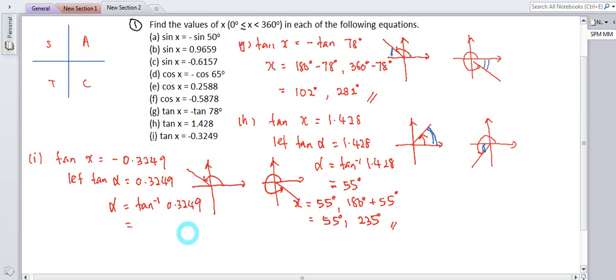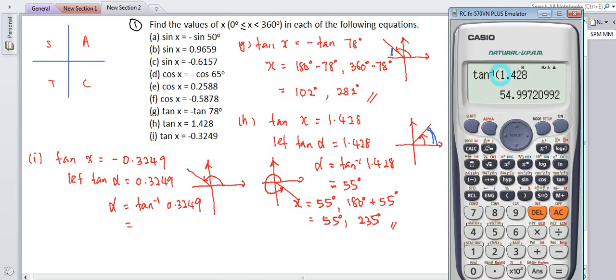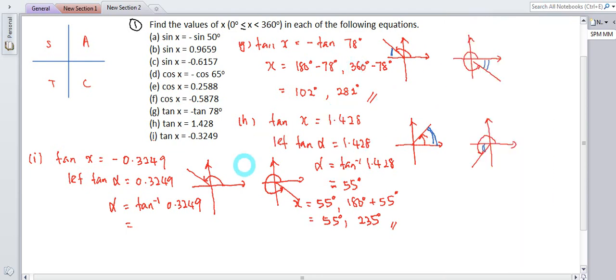Okay, find the reference angle first. Shift tangent 0.3249. Okay, so we round off, we will get 18 degree. So we know that the reference angle is 18 degree.